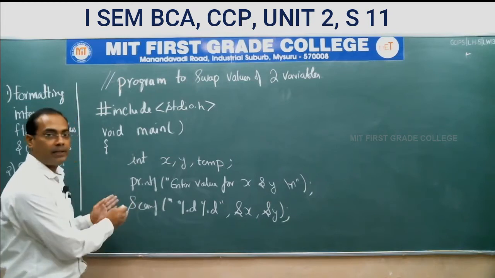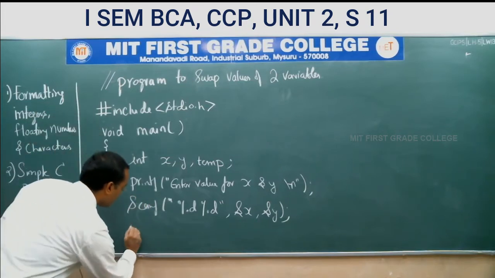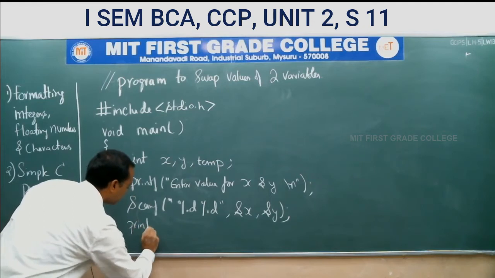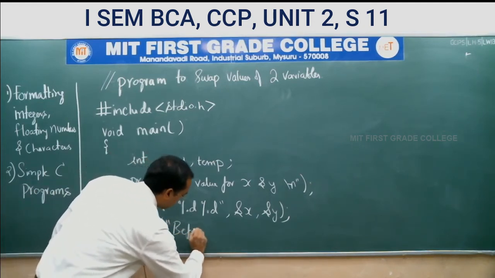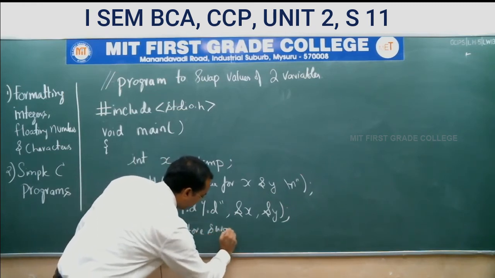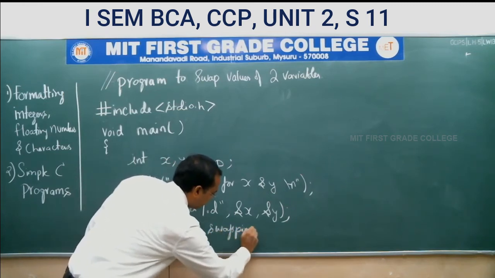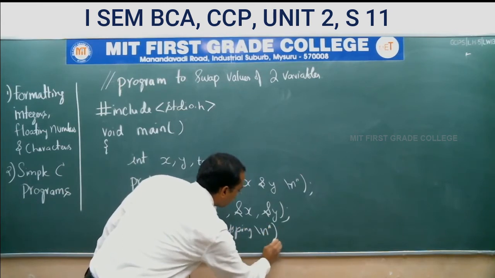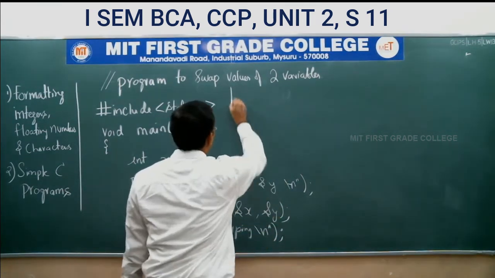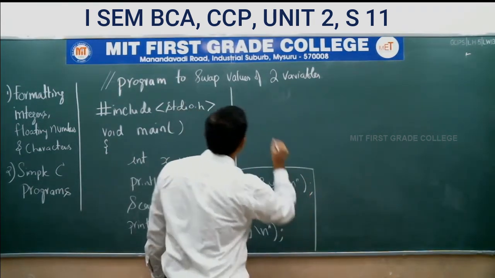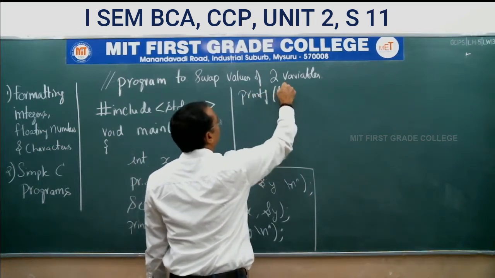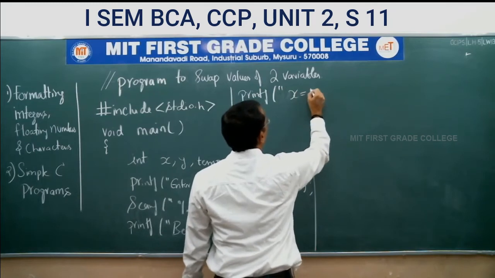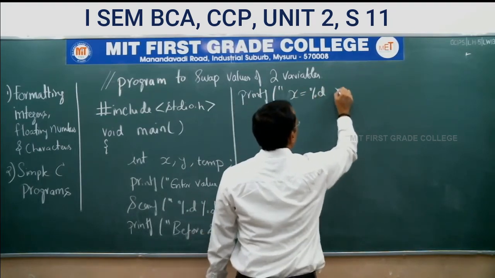Let me display the contents of x and y. Printf "before swapping\n". Printf "x is equal to %d\t".